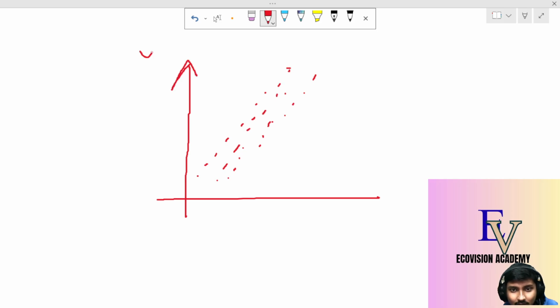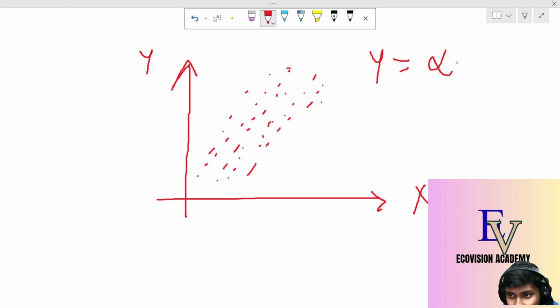This is y and this is x. Can you tell me what type of correlation they are having? Positive correlation. Fine. What type of trend is there? Positive trend. What should be the slope of the regression line? Positive. Very good.